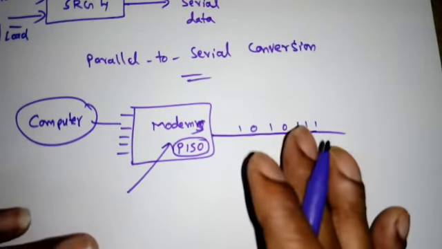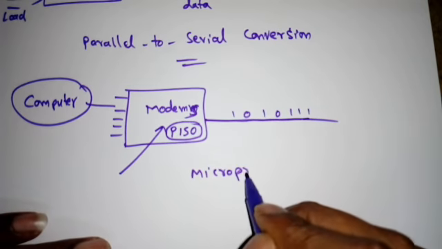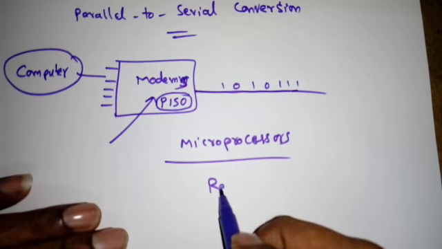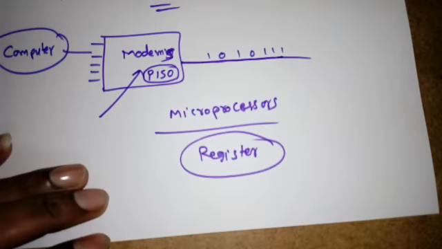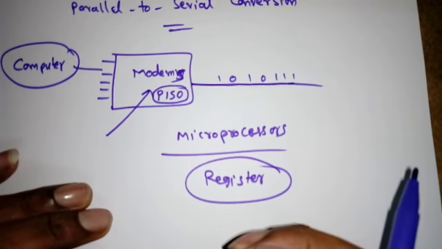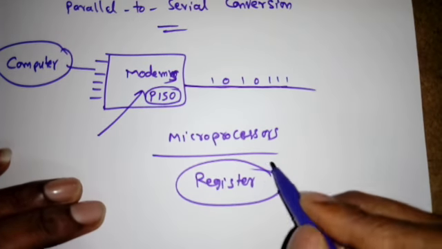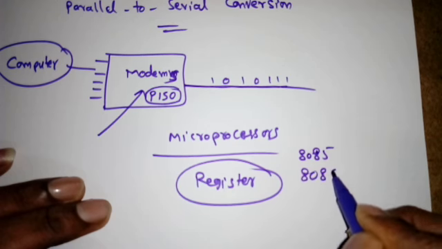And remember, all the registers we discussed are always used in microprocessors. When you use these registers, we can shift the data right or left, and we can rotate also. The main application of shift registers is in microprocessors like the 8085 and 8086.